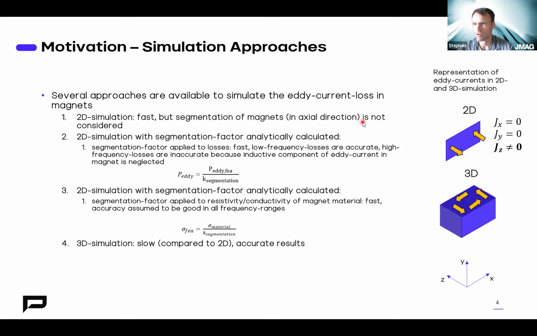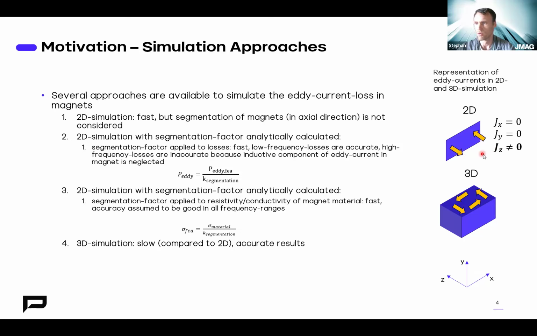And if we have a short look at the schematic of a 2D simulation, the blue area should represent the magnet in a 2D simulation, and the orange arrows represent the current density inside the magnet, so the simulated eddy current.